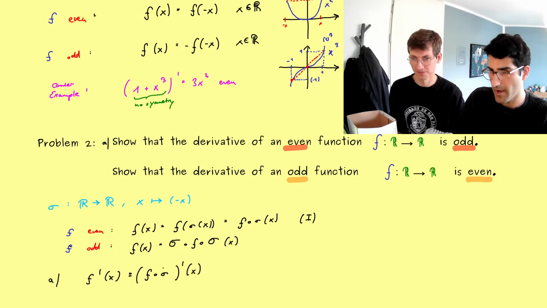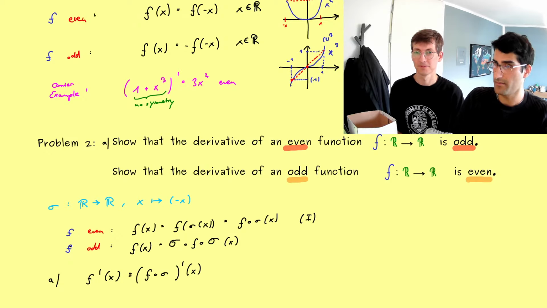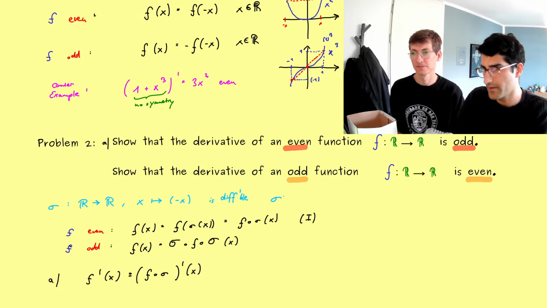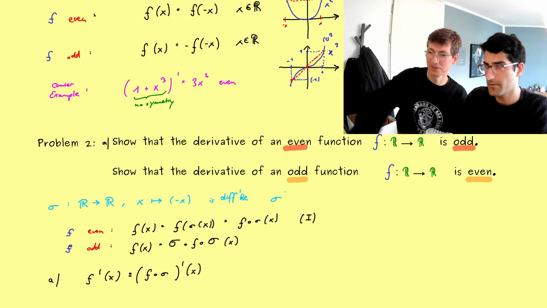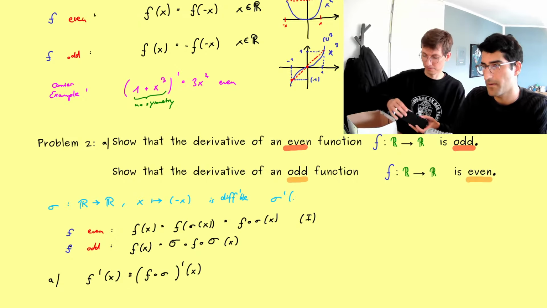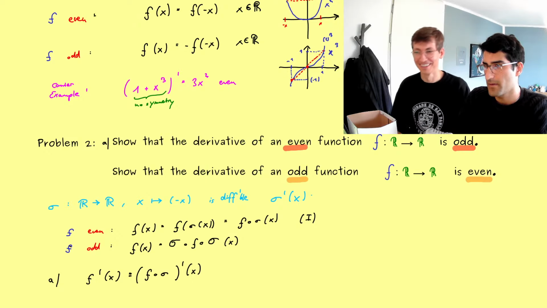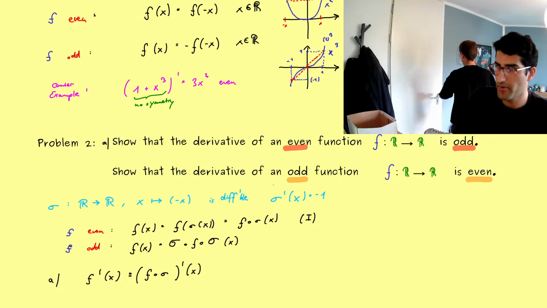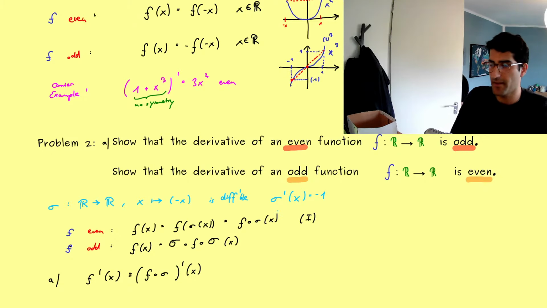So when we now have this composition of functions, both of them are differentiable. We assume this for f, and also the multiplication with minus 1 is differentiable. So this is differentiable. And the first derivative of sigma is nothing else than minus 1.